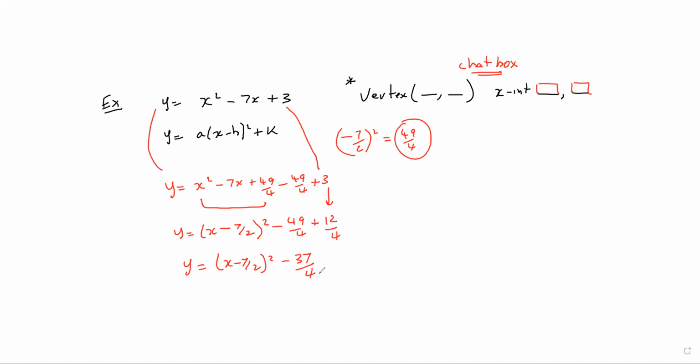Yeah, minus 37 on 4 here. So your vertex is going to be x minus h. H is 7 on 2, and whatever this number is, so minus 37 on 4.